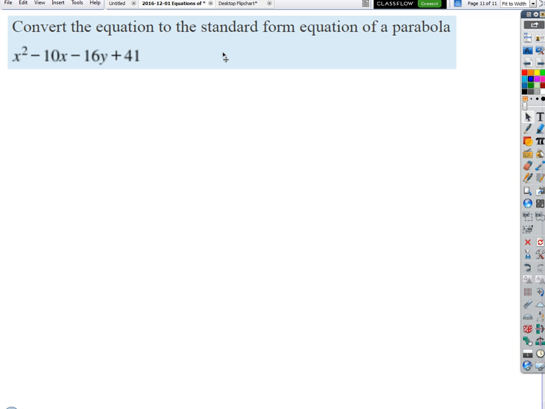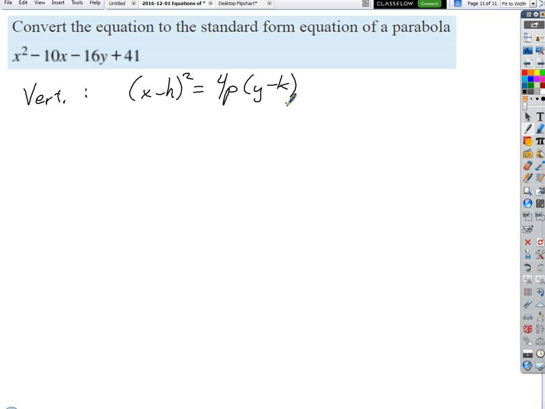What do you think? Think about the two. Let's write them down. A vertical parabola is gonna fit the form what? Remember that one? x minus h squared equals 4p times y minus k. And then we're just gonna flip around the x minus h's and y minus k's to make this horizontal. That makes sense, doesn't it?